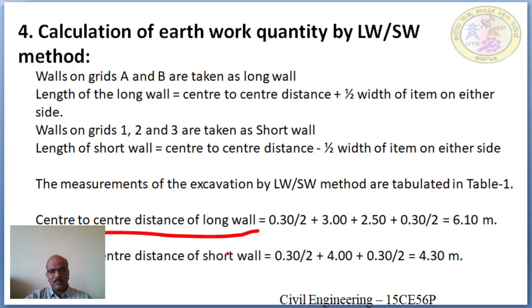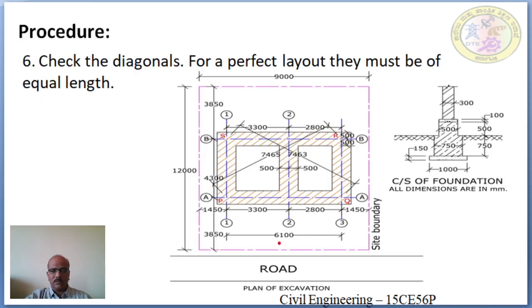So 0.3 by 2 plus 3 plus 0.3 plus 2.5 plus 0.3 by 2 is 6.1 meter, and it is also shown in the drawing, 6.1 meter center to center distance of the long wall, that is the wall on grid A and the wall on grid B.